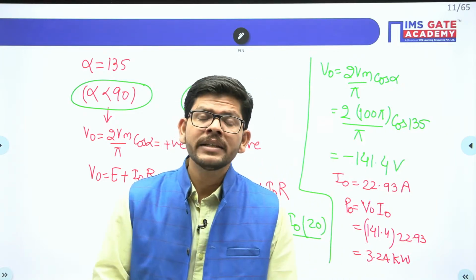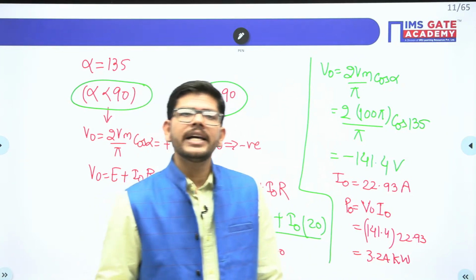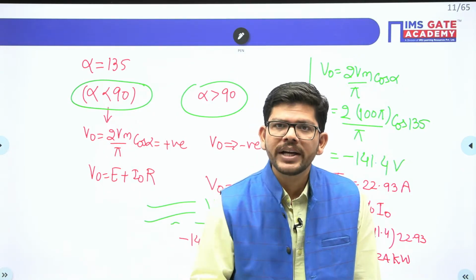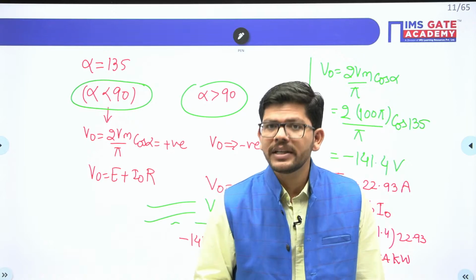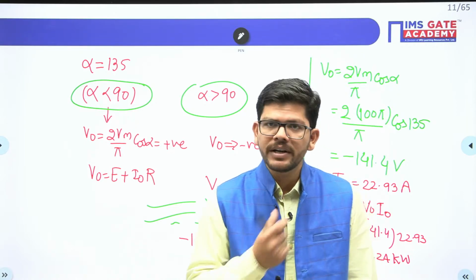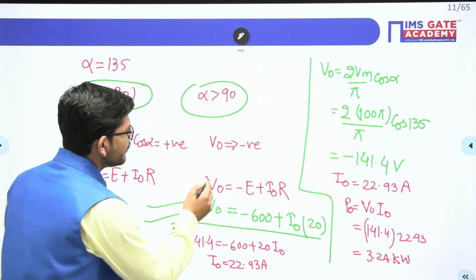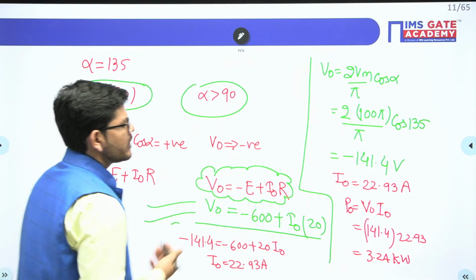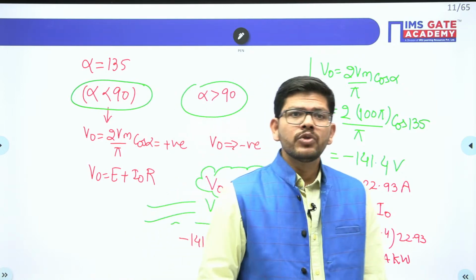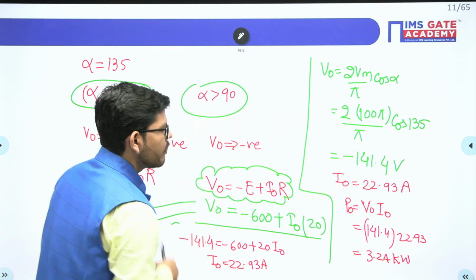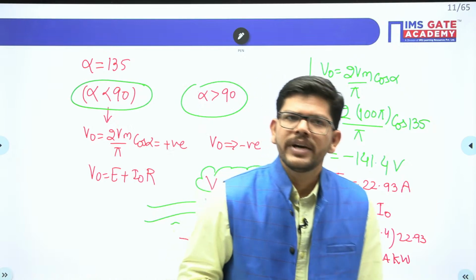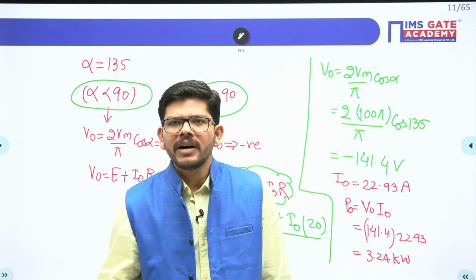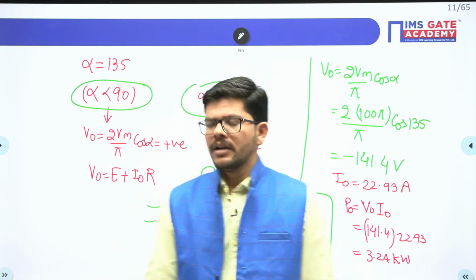In that case, you have to reverse the polarity of E, because the converter is now acting as a line commutated inverter. The load side KVL will now be minus E plus I naught R. If you remember this small fact, you can solve this problem very easily. And when alpha is greater than 90, of course, the load will be delivering the power to the source.